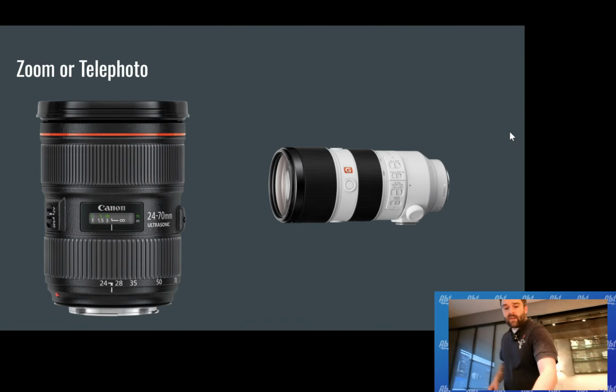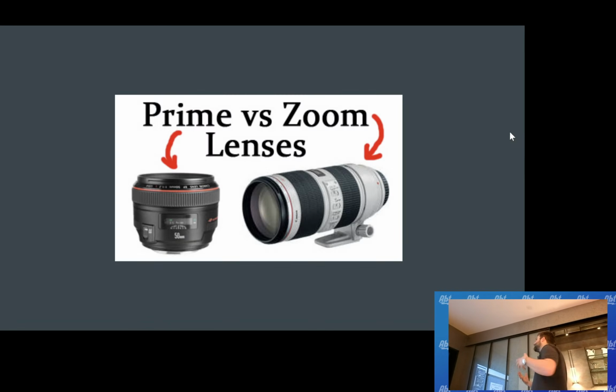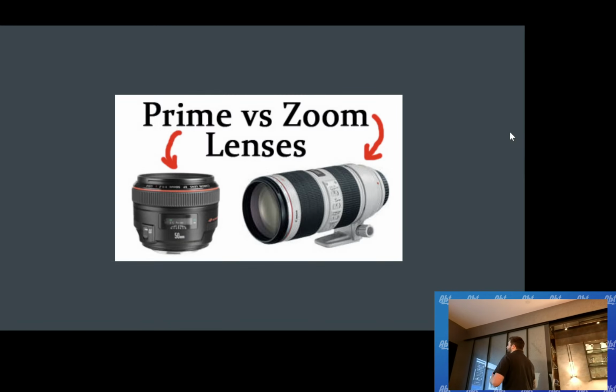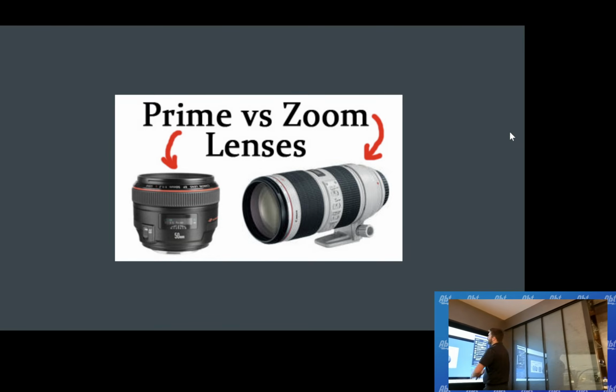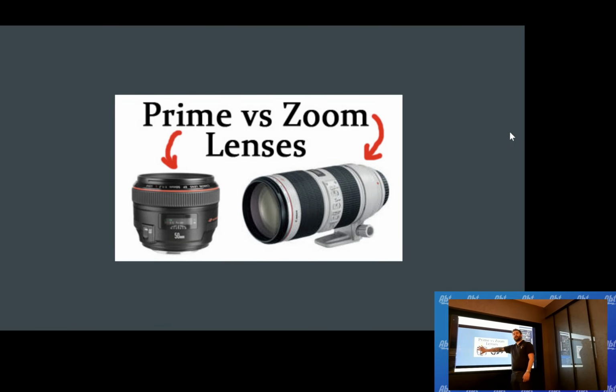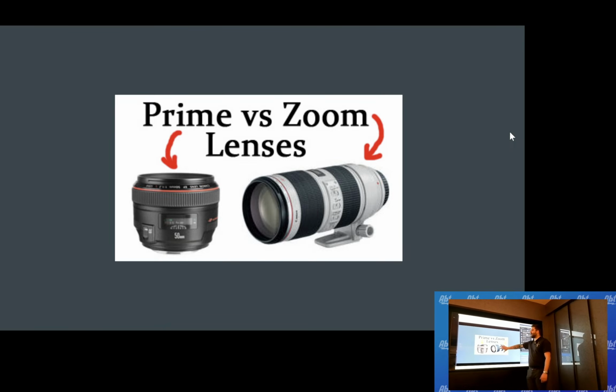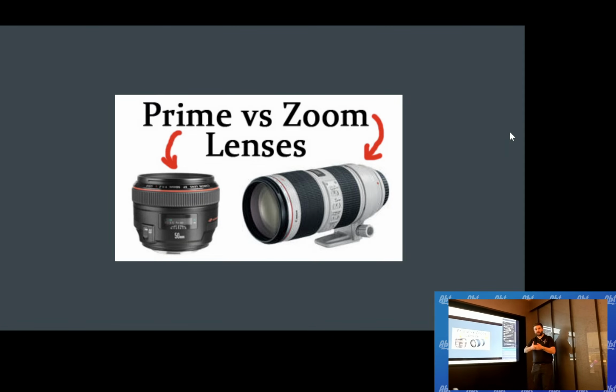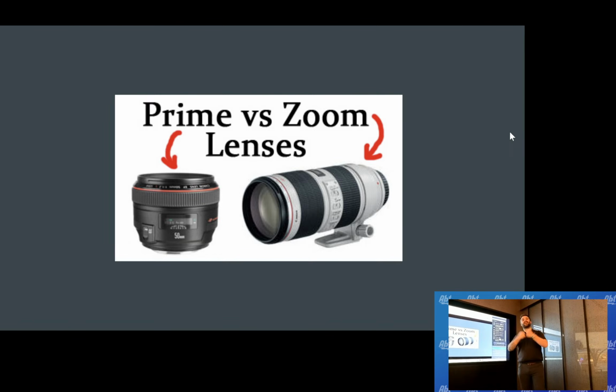Now, if we're going to sit there and say pros and cons between the two, let's keep this in mind. As far as aperture is concerned, the prime lens has the better aperture. The zoom lens has still a fantastic aperture, but typically a little lesser. And again, aperture is all about background to foreground separation and how much light you're letting into the body.